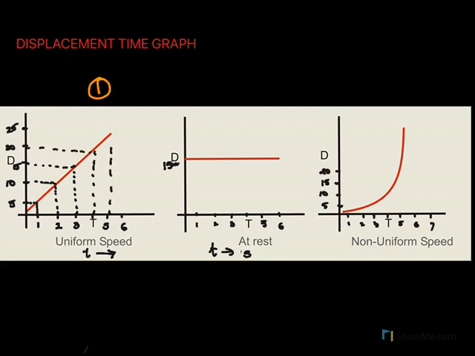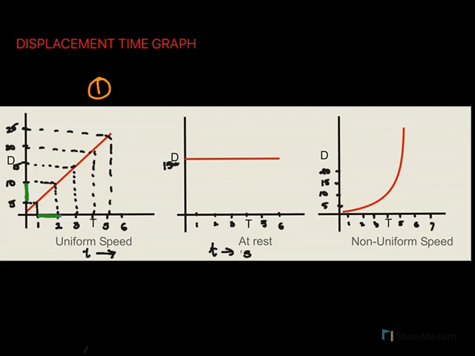At 5 seconds, the displacement is 25 meters, which means as the time is increasing, the displacement of the object is also increasing. And if you observe very carefully, for every 1 second, there is a displacement of 5 meters.